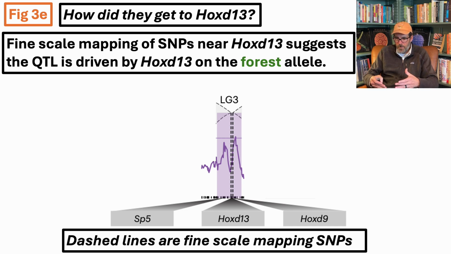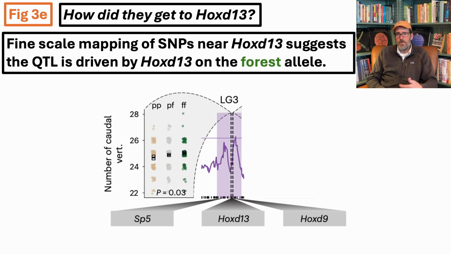And we're left wondering with the next step, well, what about fine scale mapping? HOXD13 is sitting right there on chromosome 8. But if we get some SNPs that are even closer to HOXD13, that might confirm that that region of DNA is actually important. The dashed vertical lines, not the ones that are going out, but the vertical lines, are these fine scale mapping SNPs that they found.